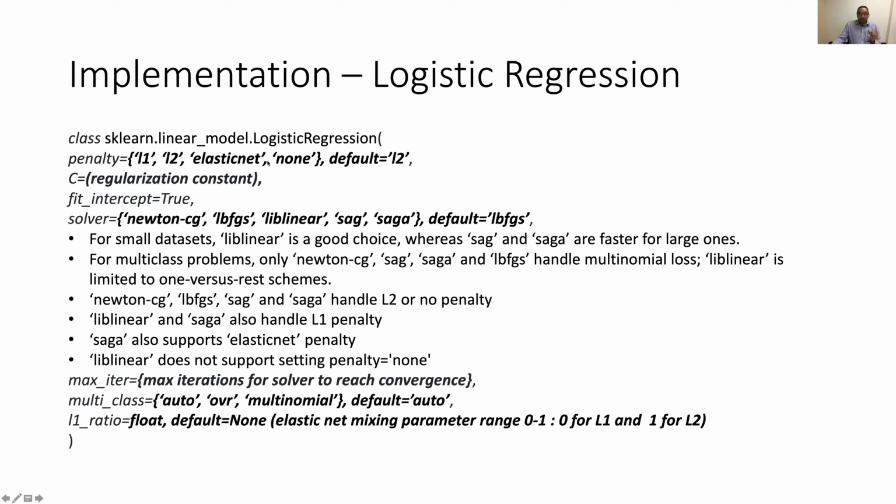Well, elastic net is this idea of being able to go from one extreme, the L1 extreme, to the L2 extreme, right? It's basically going to have contributions from both, and you decide where you want to be: all L1, 50% L1, L2, or all L2, something like that. So by assigning the penalty to be elastic, you can then say, what is the L1 ratio?